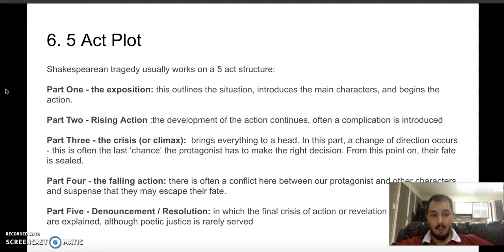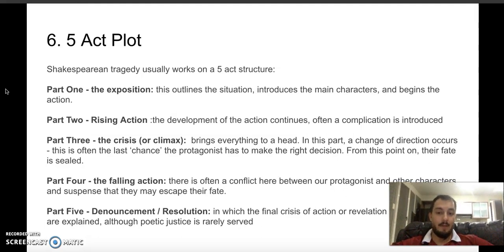They don't know this. We, the audience, may guess this, but this is where, if you want to chart them from good to evil, they go from having good intentions to being evil. Part 4 is the falling action, and there's often conflict here between our protagonist and other characters. We, the audience, are still possibly unsure if they will escape their fate. Certainly the protagonist still believes that they may escape their fate.